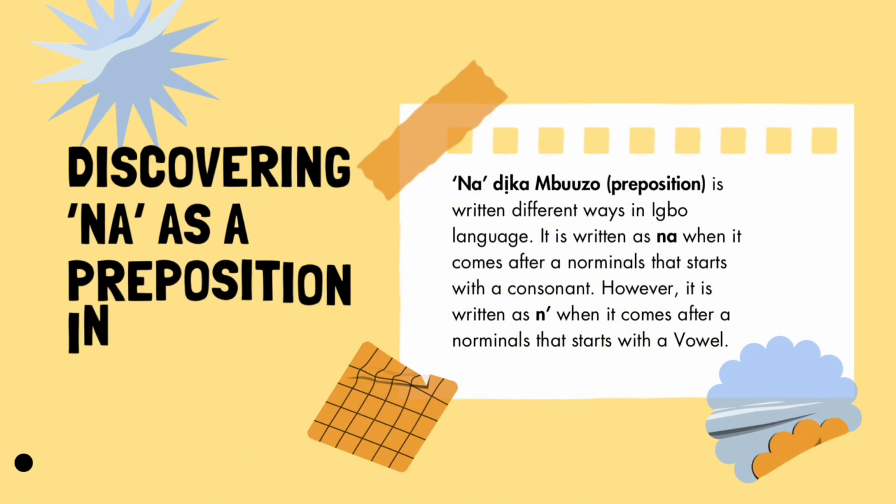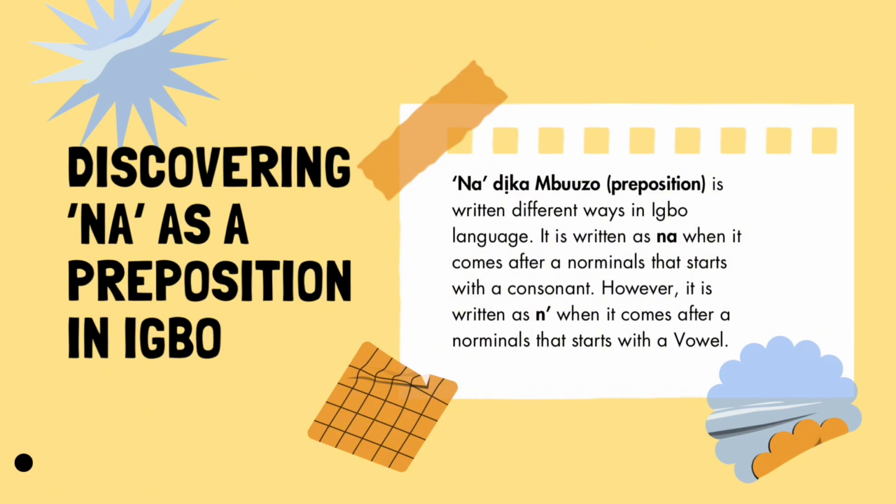Now, it is important to note here that when it functions as a preposition, it is written in two ways. Either it is written as na, or it is written as n apostrophe. Okay? Now, it is written as na when it comes before a nominal that starts with a consonant.